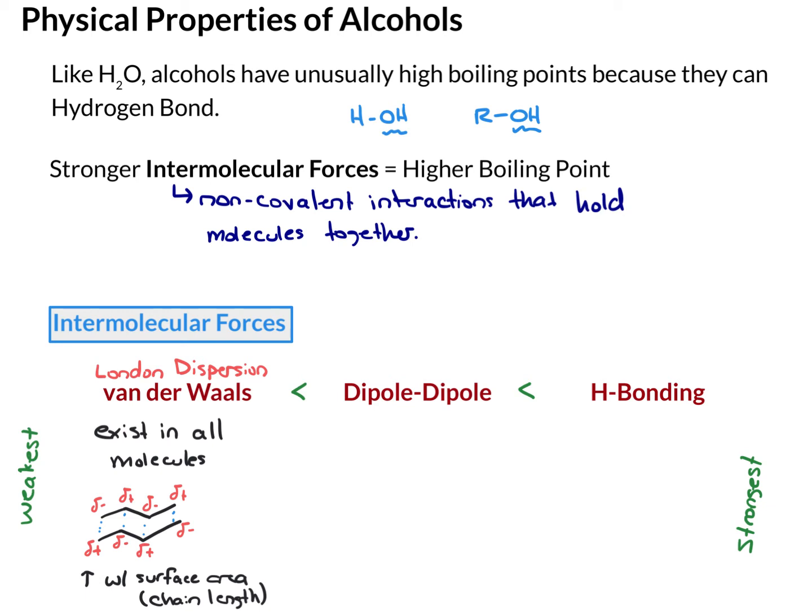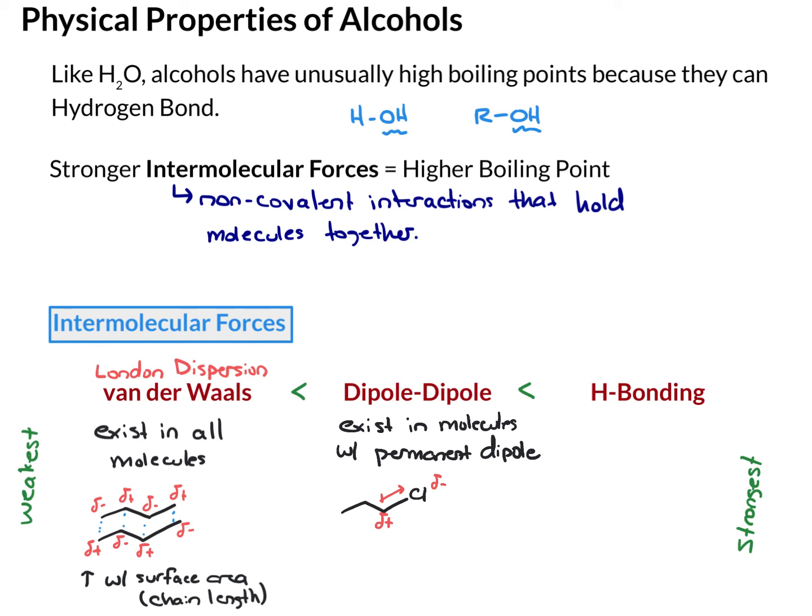The next are the dipole-dipole interactions. These exist in molecules with a permanent dipole. So this is similar, but now we have a permanent dipole. So for example, if you have a Cl in a molecule, we have a permanent dipole here, which gives delta minus charge to the chlorine, delta positive to the carbon.